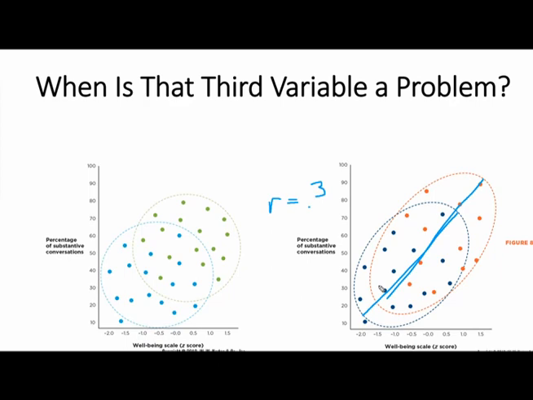So this third variable didn't affect our results really. And in this case, for this setup, our third variable wasn't a problem. We still have a very high internal validity because even when we took that other variable into consideration, the relationship persisted.